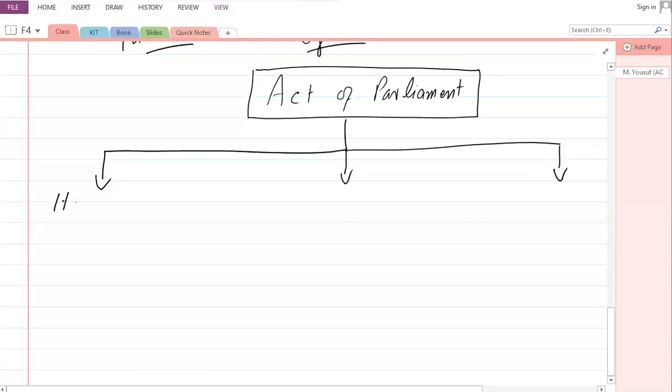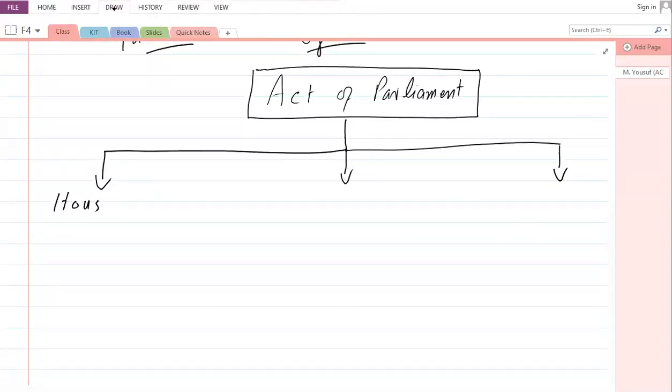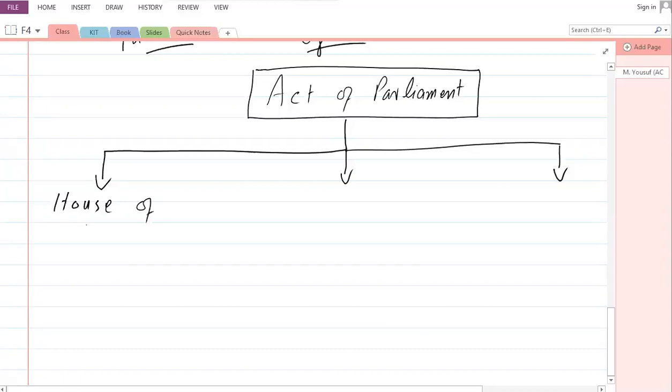First of all, House of Commons. Then another section of the UK's parliament is House of Lords.